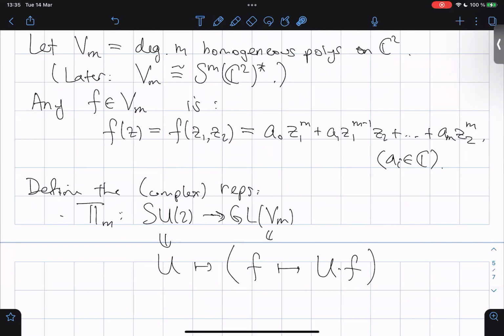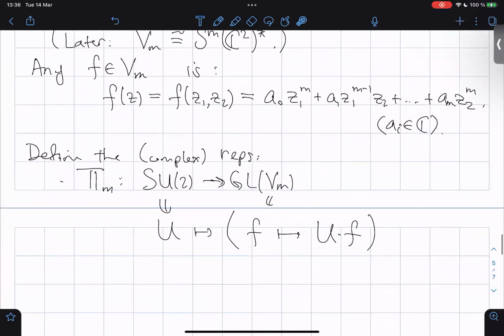A polynomial is defined by what it does to some input, Z, right? So I have to define what that means. So what does this mean?